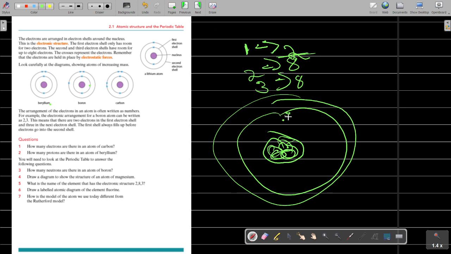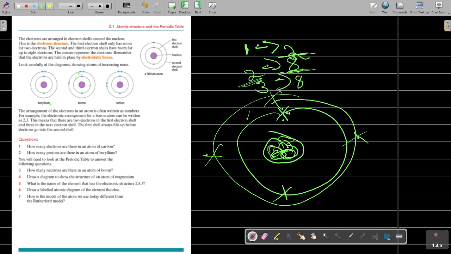Okay? 1, 2, which is 2, and the remaining 3 is there. In the second shell, you can fill up to 8, so I'll put 3. This is the diagram, or you can put it like this also. You can't use a third shell because the second shell is not filled. That's why.